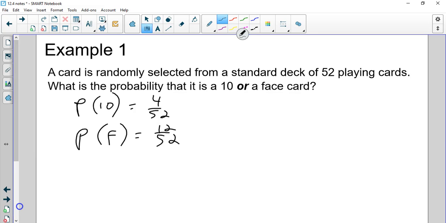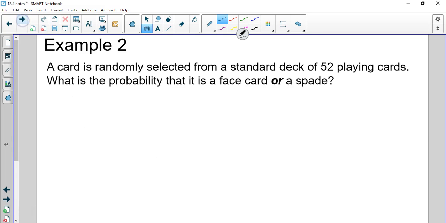There is no overlap between 10 and face cards. Therefore, it's just adding them. 16 out of 52, which is 0.308 or 30.8%. And the reason we just add, like we did in the first example in the warm-up, is because there's no overlap. There's no 10 that's a face card, no face card that's a 10.